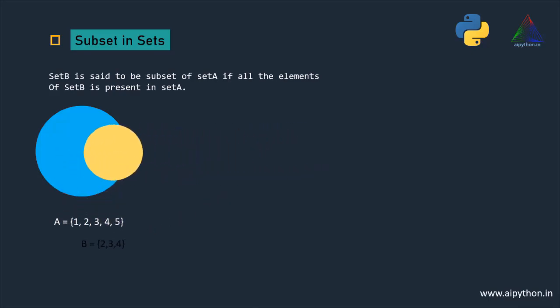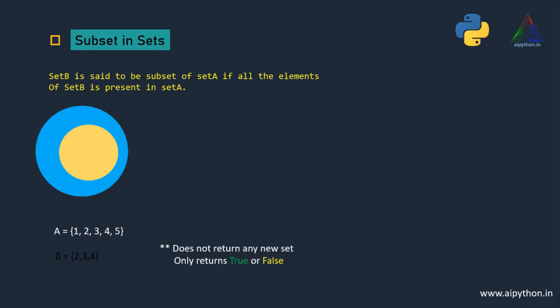We'll see through an animation. I have put a lot of effort into building this animation so that it becomes much easier for you to understand, because mathematical terms without any visualization are really hard to understand. I wanted to represent it through an animation so that it becomes easier to understand and retain.